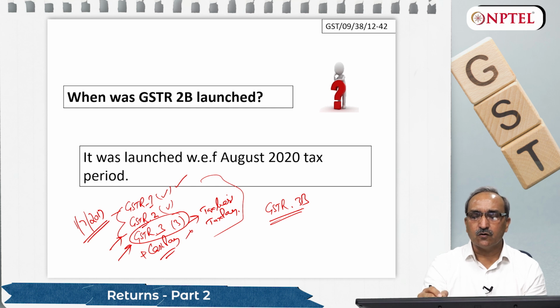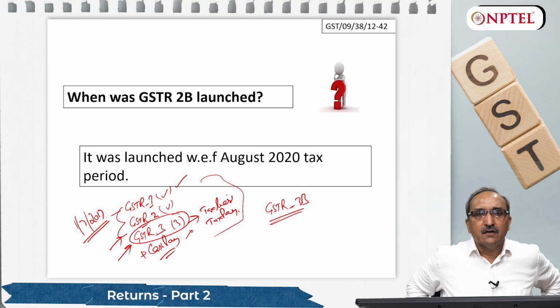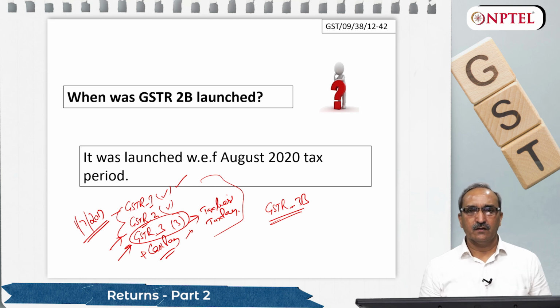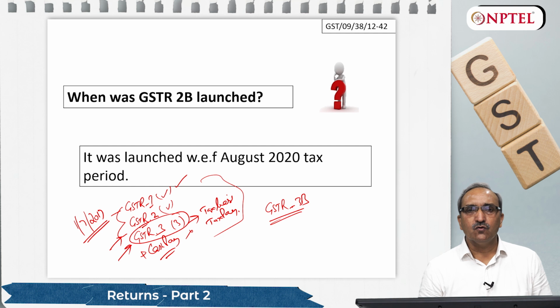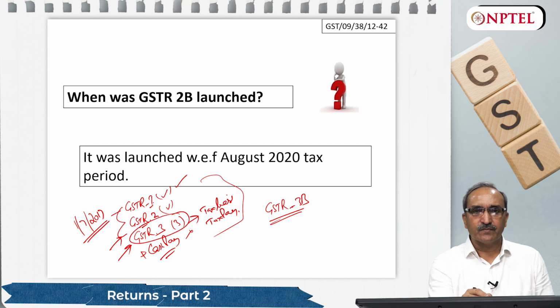So they came out with a solution, a temporary solution of GSTR 3B. Even today we are not filing GSTR 2 or GSTR 3, and later on these concepts were eliminated from the GST Act, and today we have GSTR 1 in line, GSTR 2B and 2A in line, and then 3B is there in line.